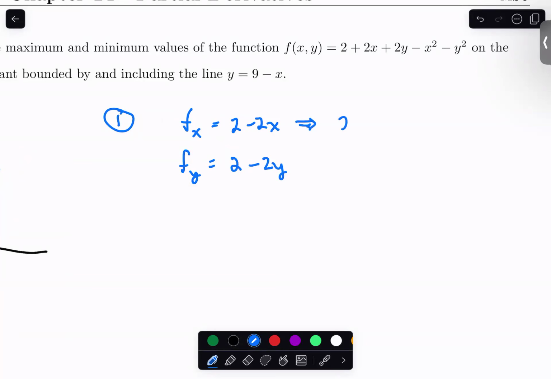If I would like this to be equal to 0, the only way that happens is if x is equal to 1. And likewise, if I would like my y partial derivative to be equal to 0, the only way this happens is if y is equal to 1. Skipping a few steps on solving that, I would just move the 2x to the other side and then divide by 2.